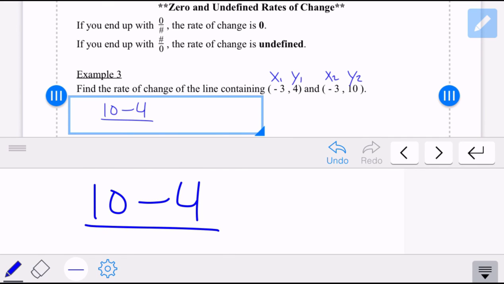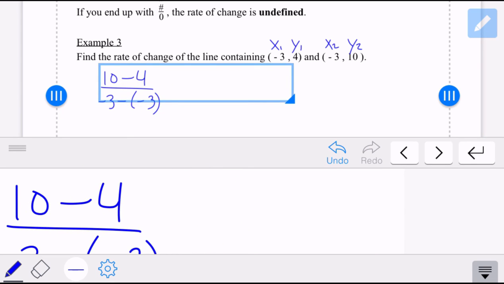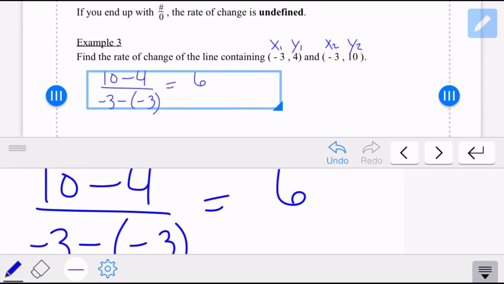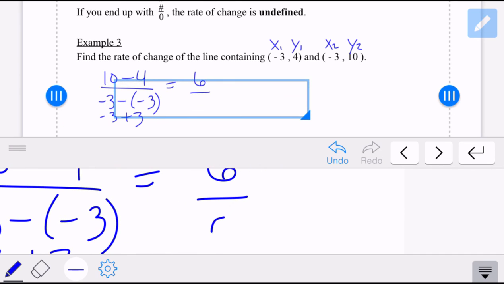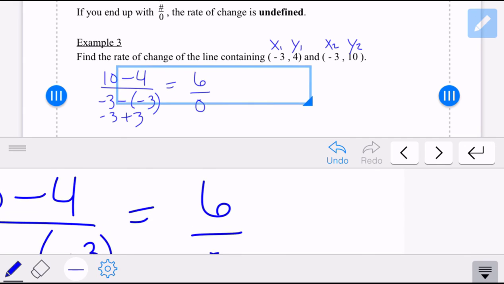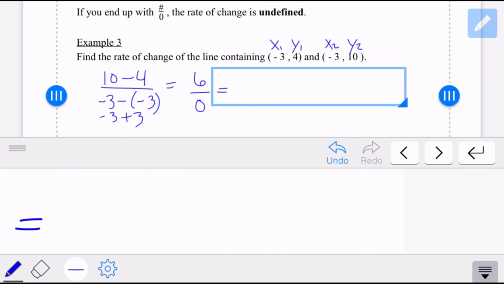And then we've got X2 minus X1, so -3 minus -3. All right, 10 minus 4, that gives us 6. Remember, subtracting a negative, that's going to be a positive. So this is going to be -3 plus 3. Well, that's just 0. So we've got this 6 divided by 0. Uh-oh, can't divide by 0. If you have 0 on the bottom, undefined.